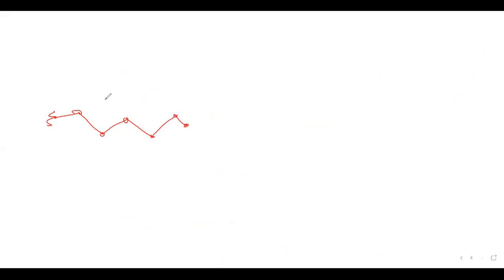So this is hexyl. Now, if I want to draw sec-hexyl, it means the first carbon here should have a branch on it, right? So what will happen is I'll have, this is the parent. So 1, 2, 3, 4, 5, right? And then I'll come and put the last carbon here.